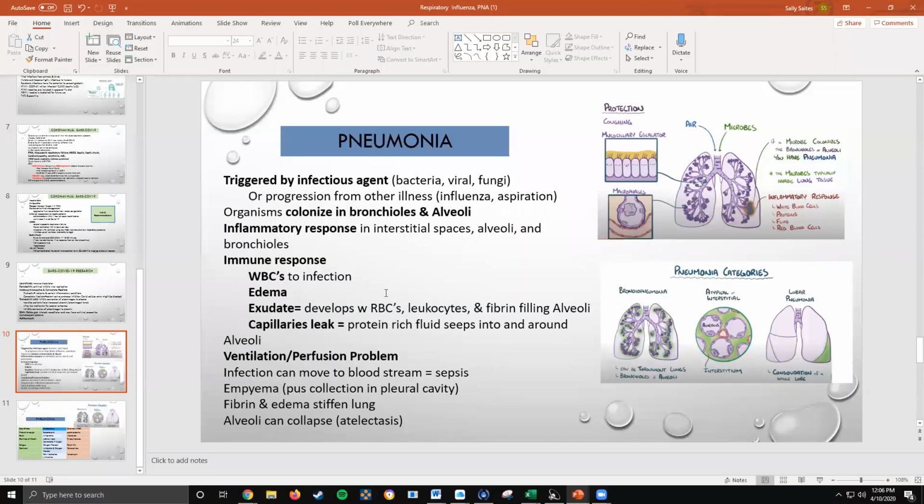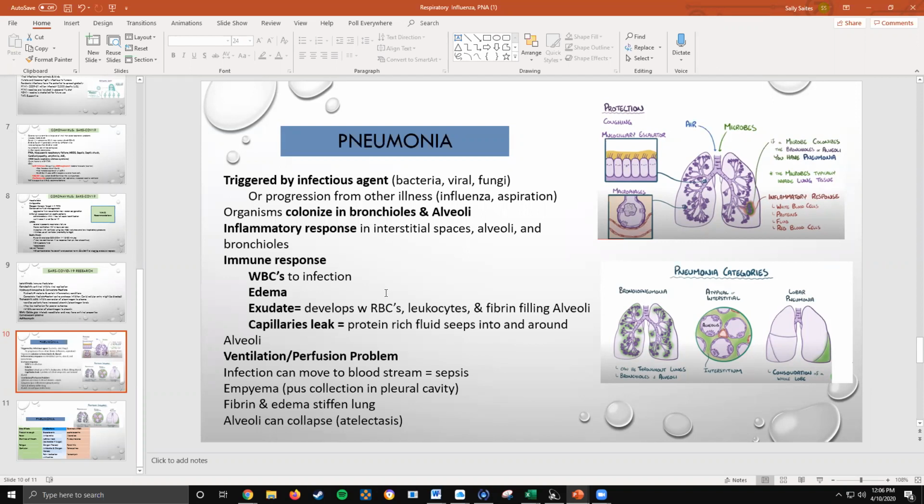Okay, so now let's talk about pneumonia. And what I want you to do is kind of backtrack a little bit, and let's just talk about seasonal influenza when we're talking about pneumonia. We're not going to be talking about COVID here. So it's triggered by an infectious agent, either bacterial, viral, or fungal. And it can also be a progression from the influenza or from aspiration, as you know.